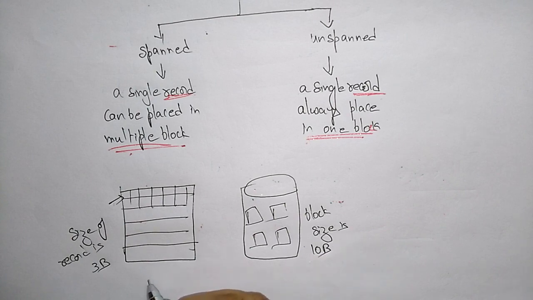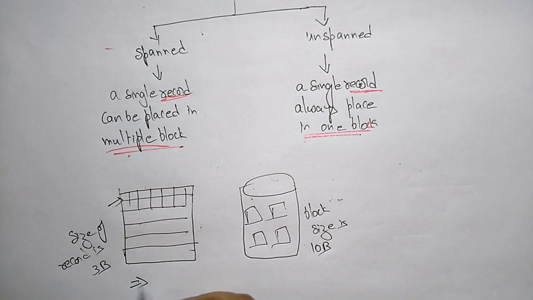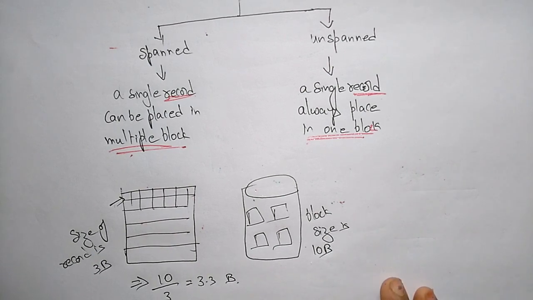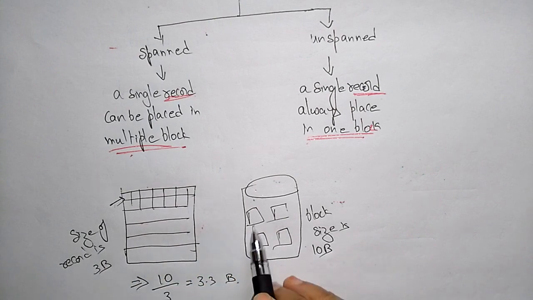As I said in the previous slide, the formula is size of the block divided by size of the record, so you will get 3.3. Now I want to store records in a block.